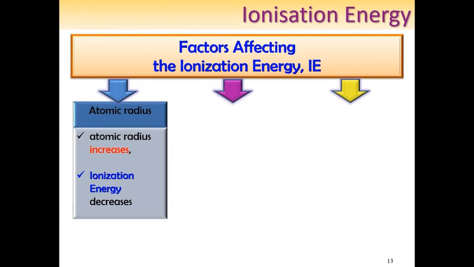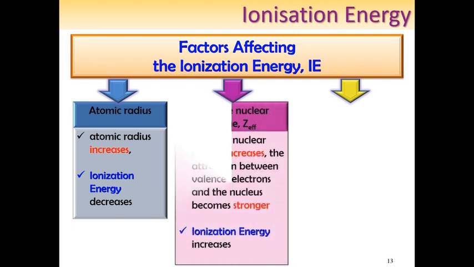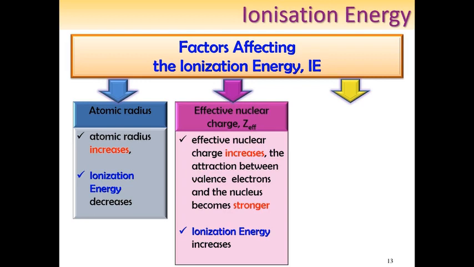The second one is effective nuclear charge. As effective nuclear charge increases, the attraction between the valence electron and the nucleus becomes stronger, so ionization energy increases. We use this factor to explain the trend across a period. Across a period, ionization energy increases. This is expected as the force of attraction on the electrons becomes stronger across a period. The increase in attraction can be explained by the increase in the number of protons across the periodic table.